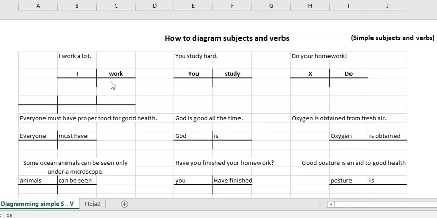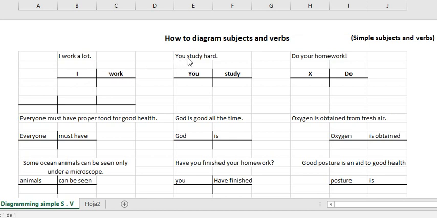We then write the subject here, and we divide the baseline with a vertical line, this one here. And then we write on the right the verb. Okay, so we have I work a lot. This one is simple, it's easy to identify I and work.